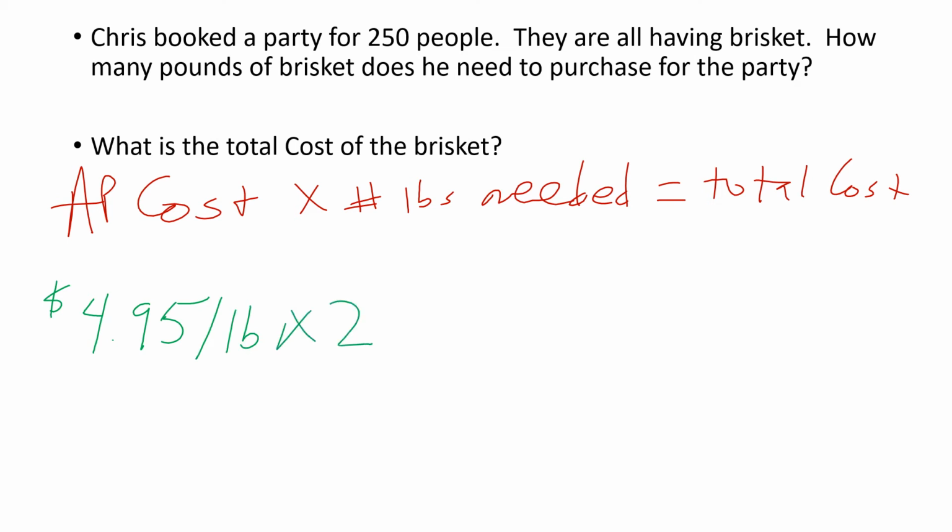And we need how much? 227.3 pounds from that previous answer. $1,125.14. That's a lot of money on brisket. But you're feeding 250 people.